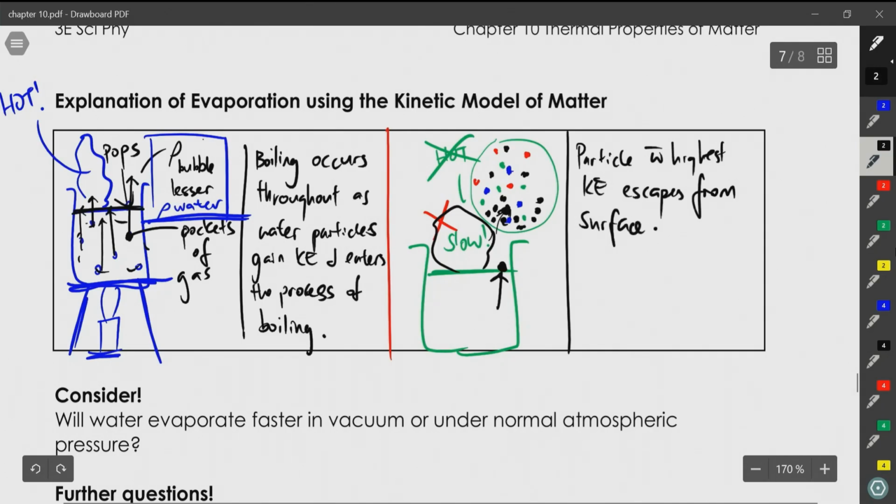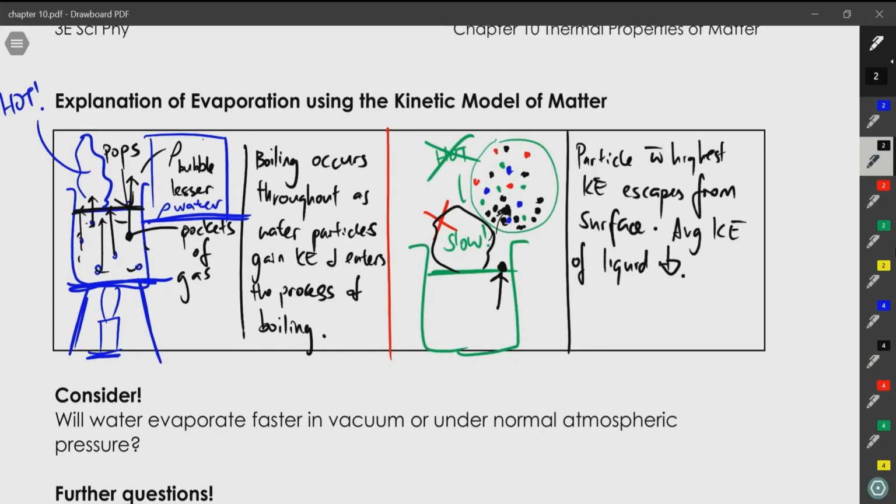As it escapes from the surface, the average KE of the liquid will drop. I think that's about it.